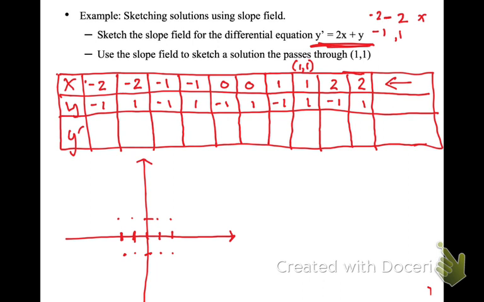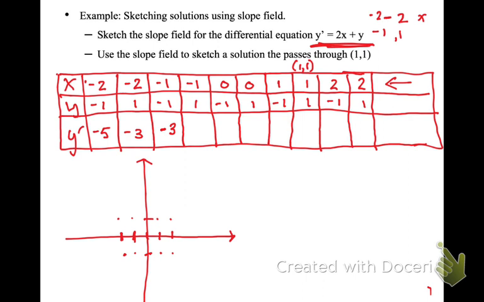So that would be what? -4 minus 1 is -5. -4 plus 1 is -3. What would the next point be? -2 plus what's the negative? -3. Okay.